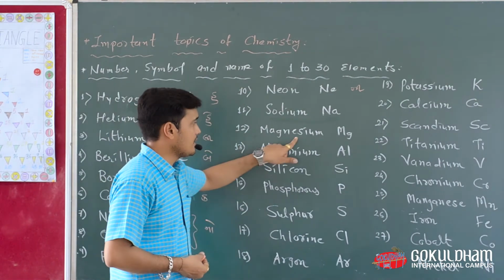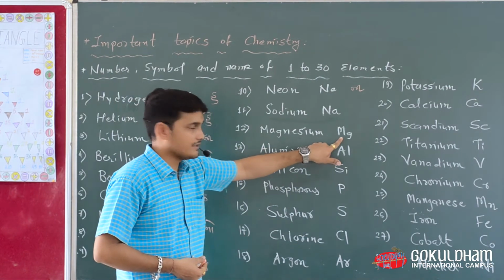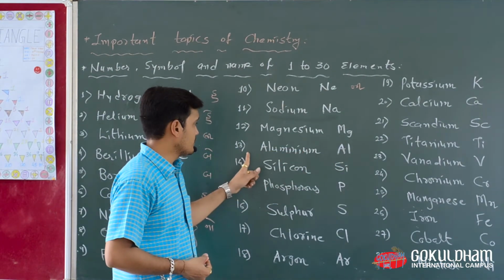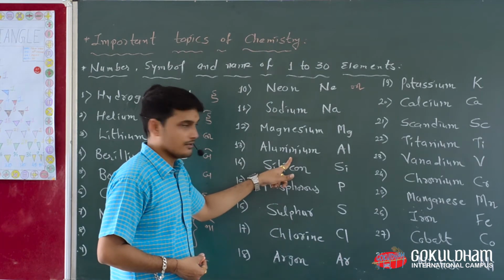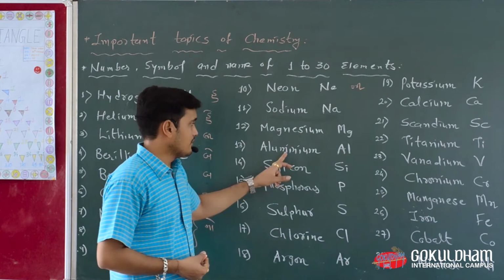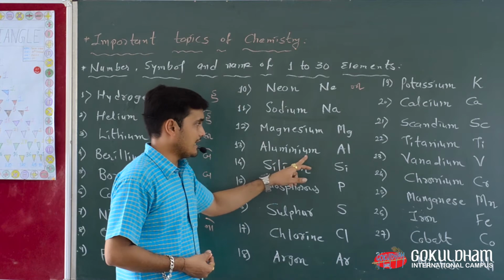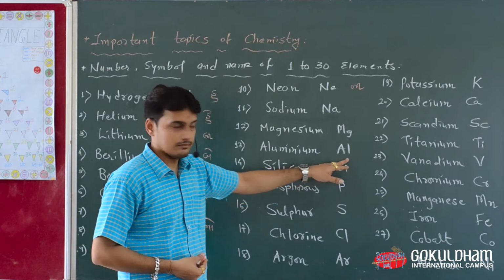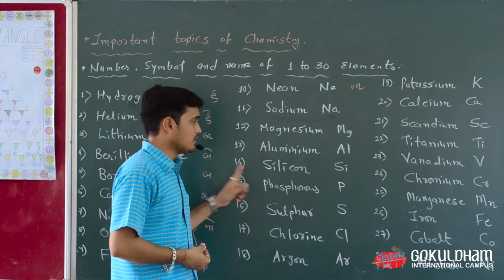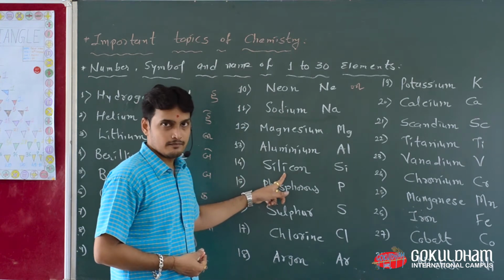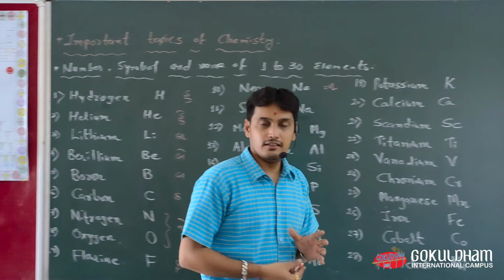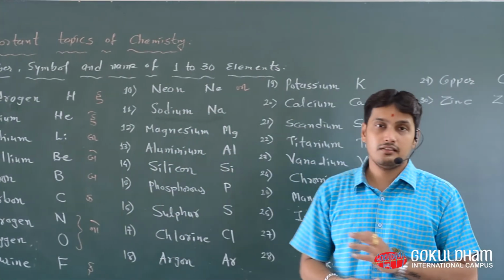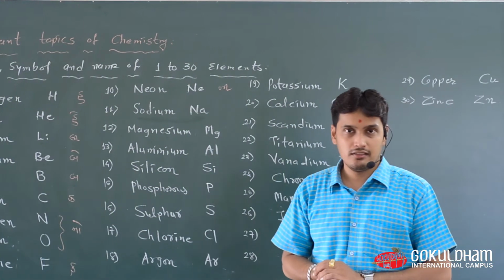12th number is magnesium, symbol Mg. 13th number is aluminium. Everybody knows that we use utensils in the kitchen which are made of aluminium. 14th number is silicon. Silicon is mainly used in electronic circuits.